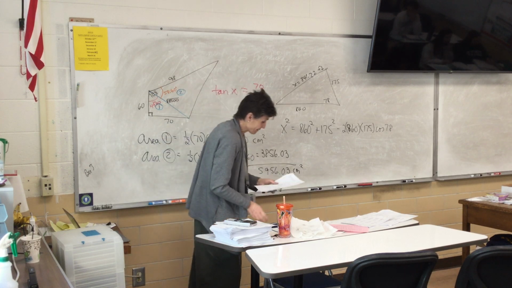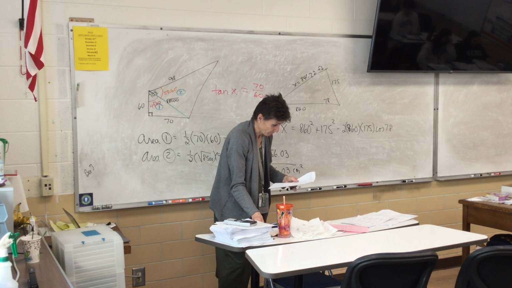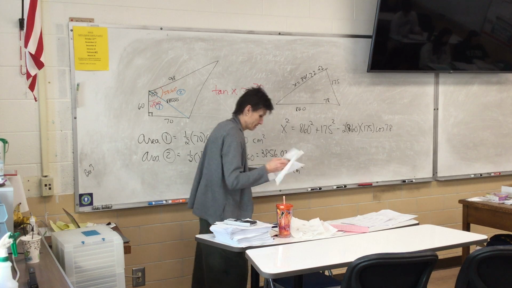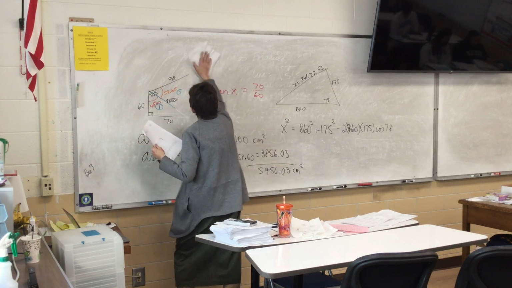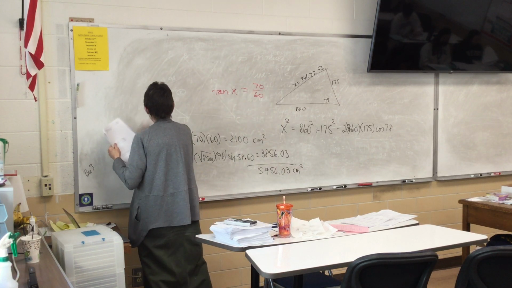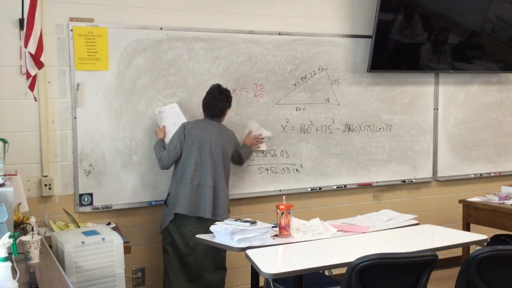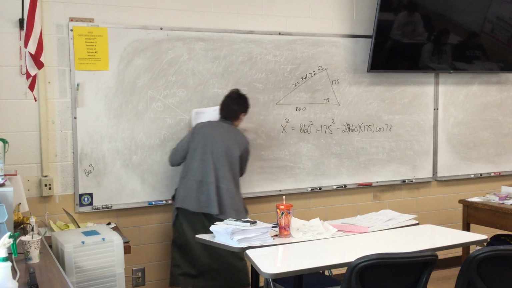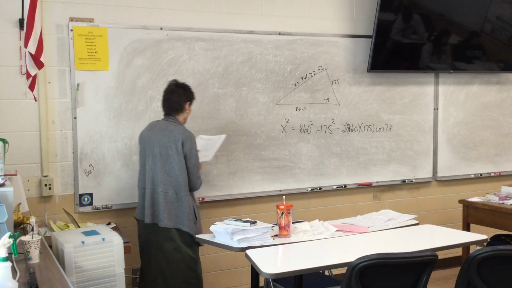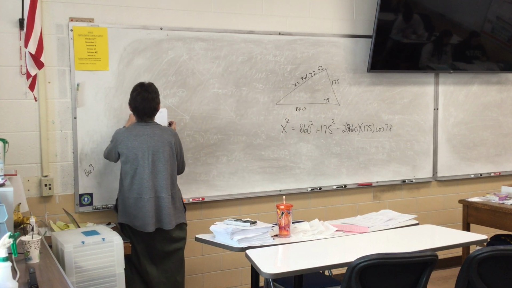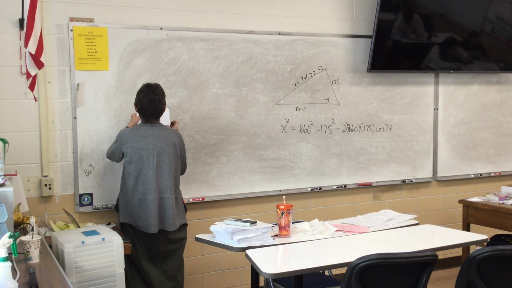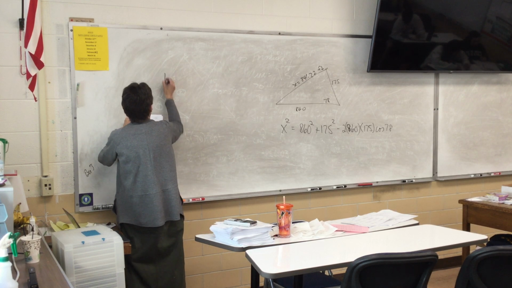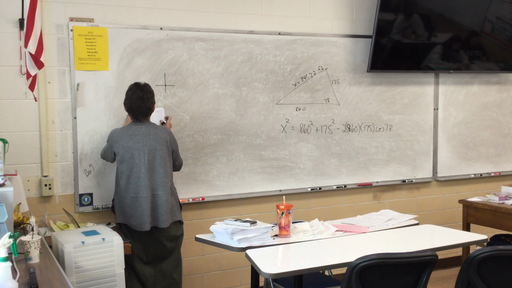Okay, now we have a navigation problem. So we gotta be careful about our setup now, make sure we're following the rules of navigation. All right, so two planes flying together in formation take off in different directions. All right, so here's the airport.